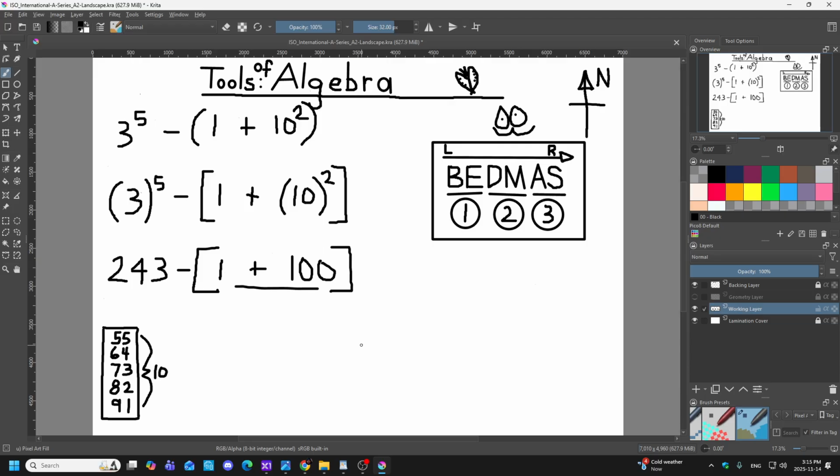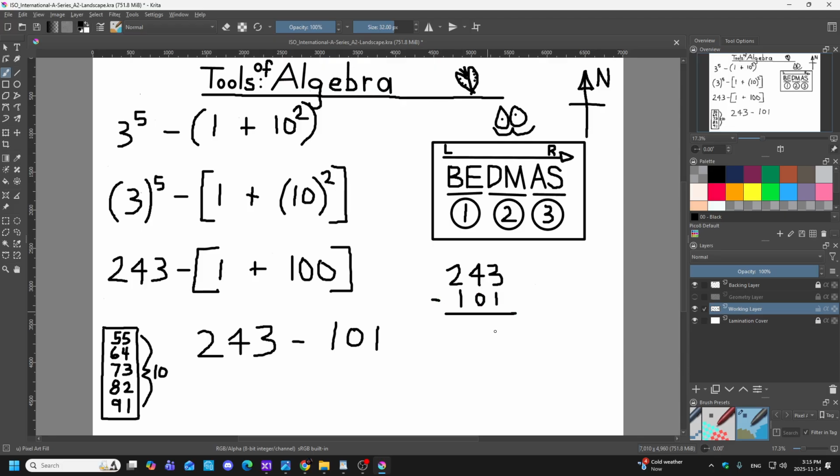We still have an addition here, right? Simple addition to do. We're not quite done. I could show the work. Well, I don't really need to, I guess. 243, subtract 100 plus 1, which is 101. And we could do the quick subtraction. I mean, I could be lazy and do it on a calculator.